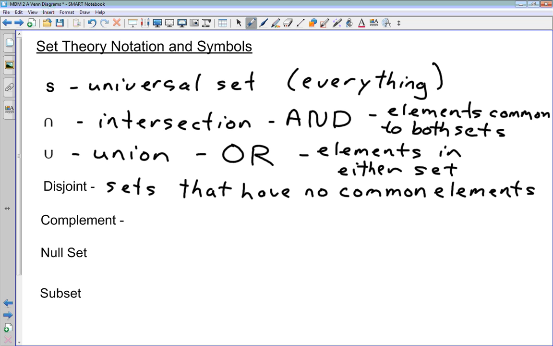Now, we've encountered this next term before, complement. The complement is everything else but what you have in the set that you're interested in. So in terms of sets, it means elements in our universal set, but not in the given set.